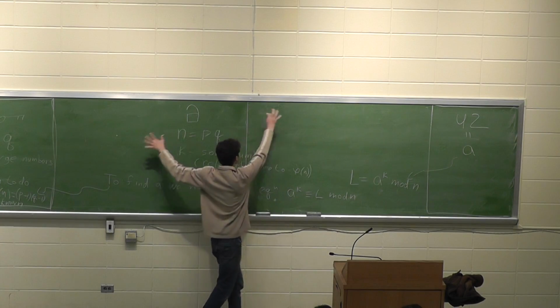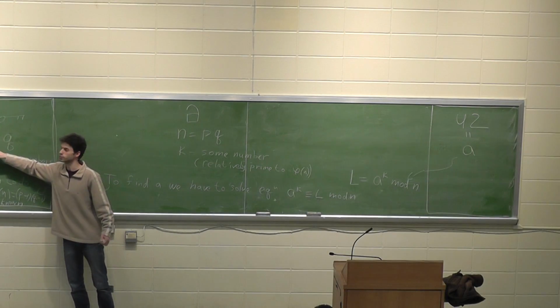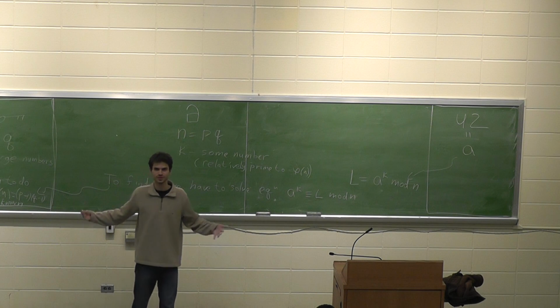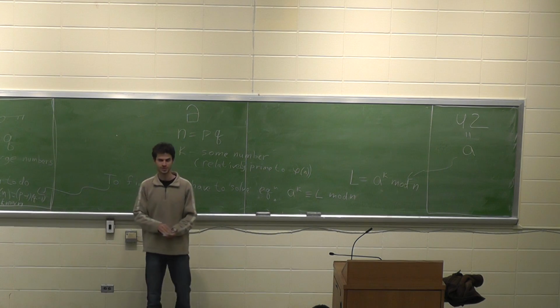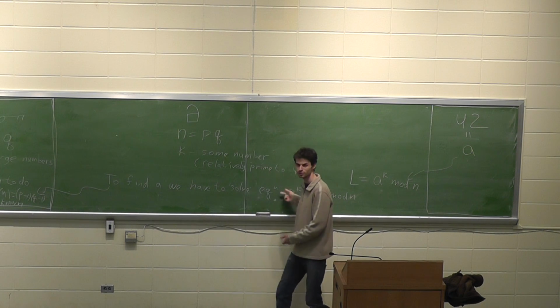So everyone right here cannot decipher this message, but the recipient, the one who has the key, who knows what are P and Q, can decipher it by doing, well, just what we did all this hour, raising something to the power of 1 over k modulo phi of n.